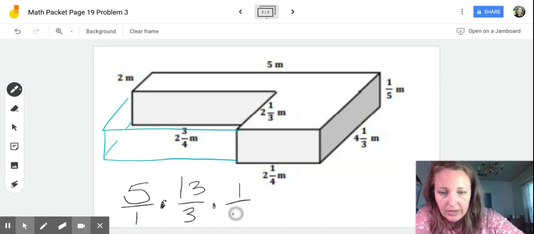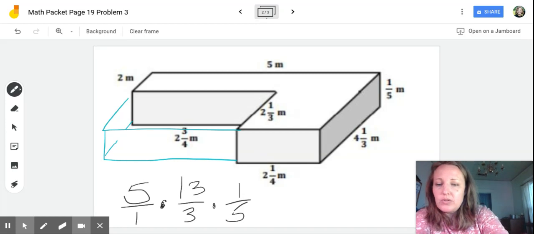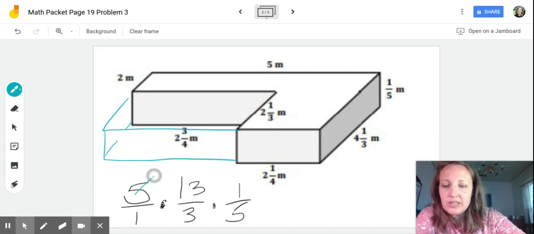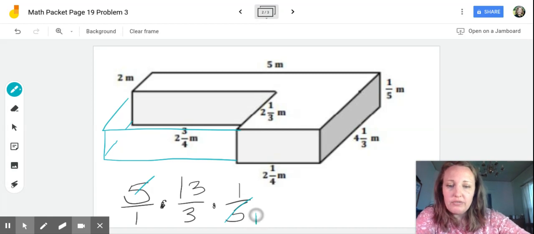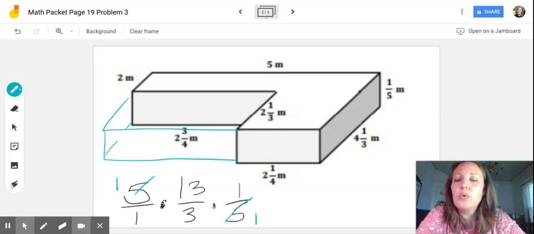The cool thing about this is that when you multiply 3 fractions, you can still use your rules to simplify before you multiply. Watch this. 5 and 5 have a common factor of 5. 5 divided by 5 is 1 and 1, right? So we have lost 2 fractions, and we're just left with 13 thirds.